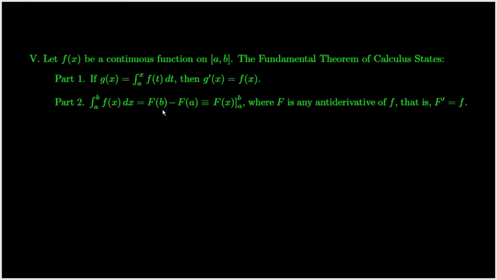The right-hand side is the displacement at time b minus the displacement at time a. Of course, the difference is the displacement over the time interval from a to b. So the two sides of the equation represent the same quantity. This is how we interpret part 2.